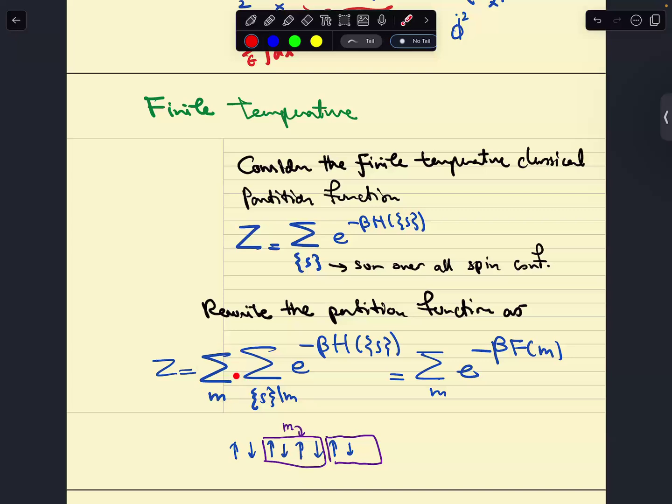Sorry, first I'm going to fix a particular M, and then sum over all the microstates corresponding to this macro configuration, and then sum over all M's. So this first sum says, fix the value of M1 here, M2 here, M3 here. Given M1, M2, M3, what are the microstates? How many different ways can I rearrange these microscopic things so that M is the same? First I'm going to do that, then I'm going to sum over M. Is that clear?